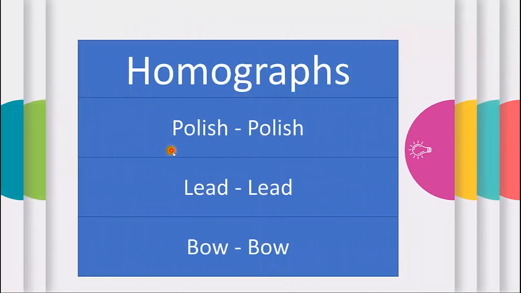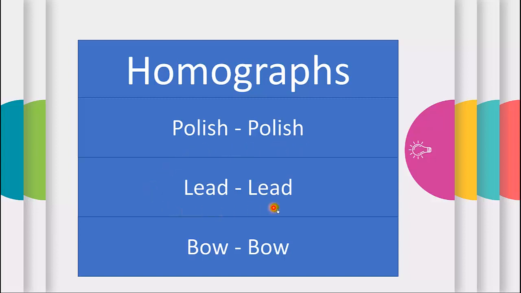For the first one, you pronounce it as polish, as in he polished my shoes. And the second one, you can pronounce it as Polish, as in he can speak both Polish and English. And just for your knowledge, Polish is the language of Poland.